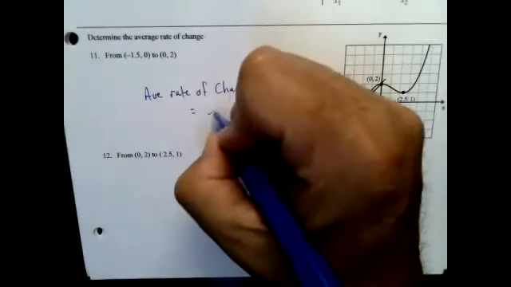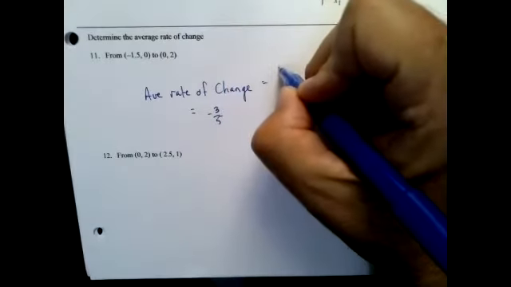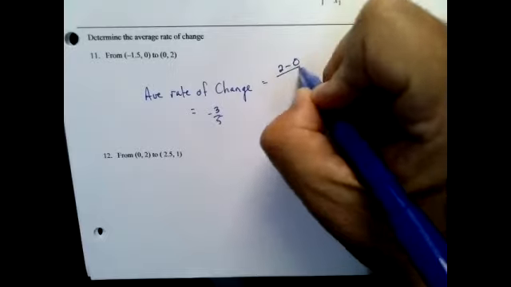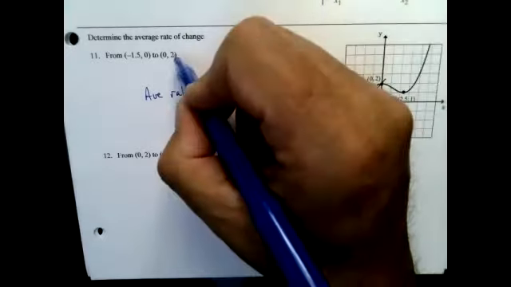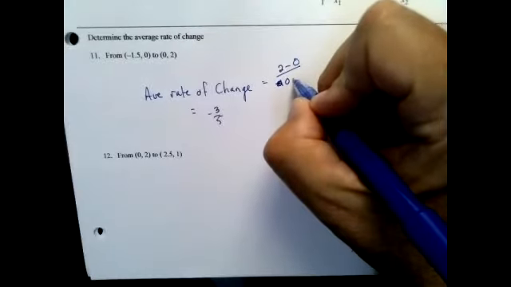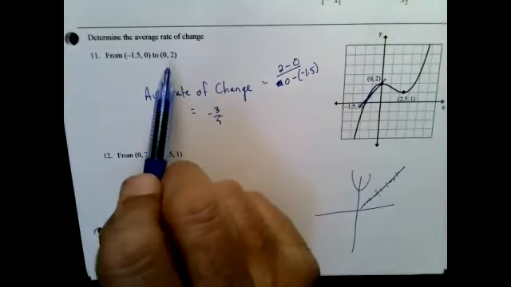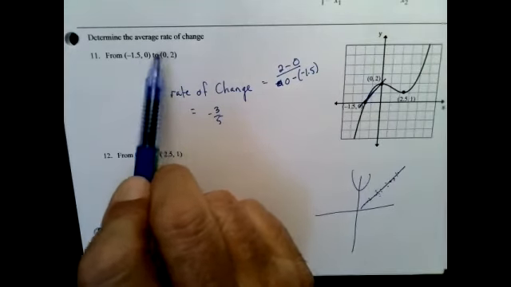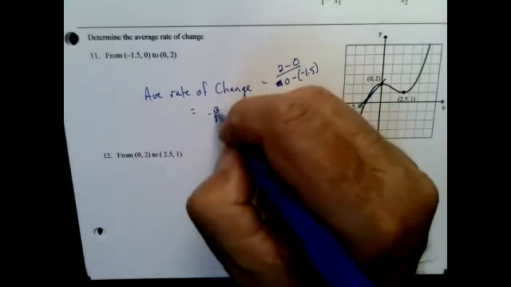-3/5. Let's see, I'm going to say y minus y over x. I copied the numbers wrong, so that's definitely not right. Okay, I just noticed that. So I did the second one first. 2 minus 0 over 0 minus that.